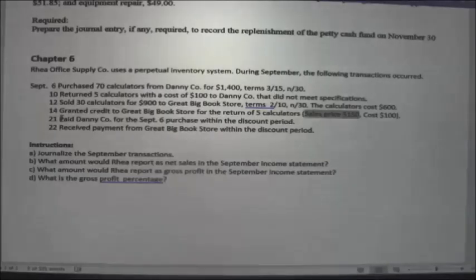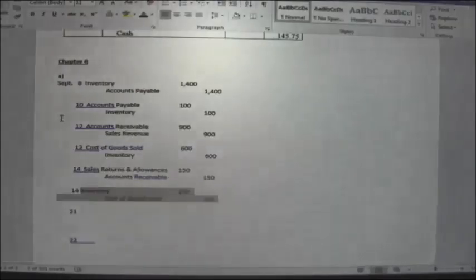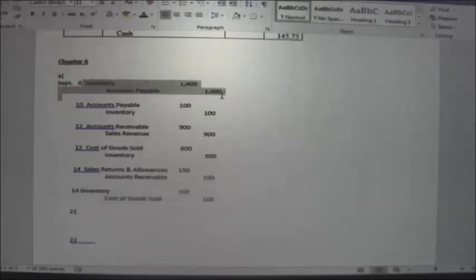September 21st, paid Danny Company for the September 6th purchase within the discount period. Okay? So they paid for the purchase within the discount period. All right? We are making the payment for this purchase. Correct? We returned $100.